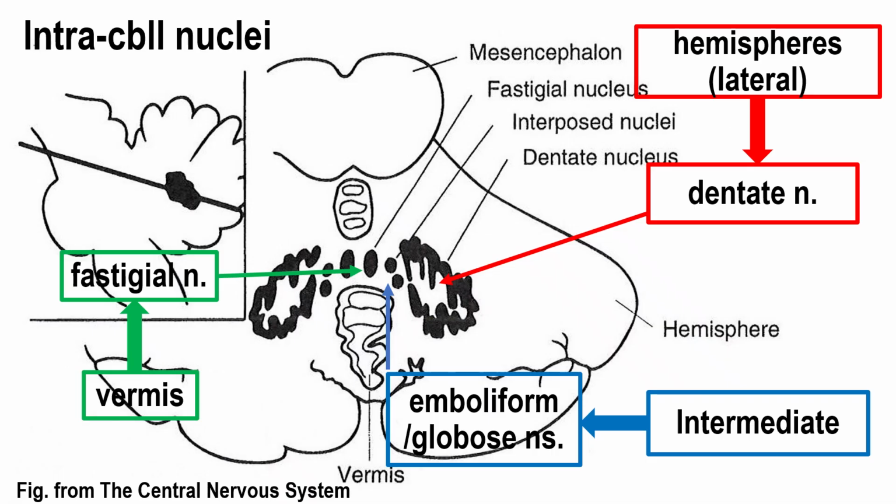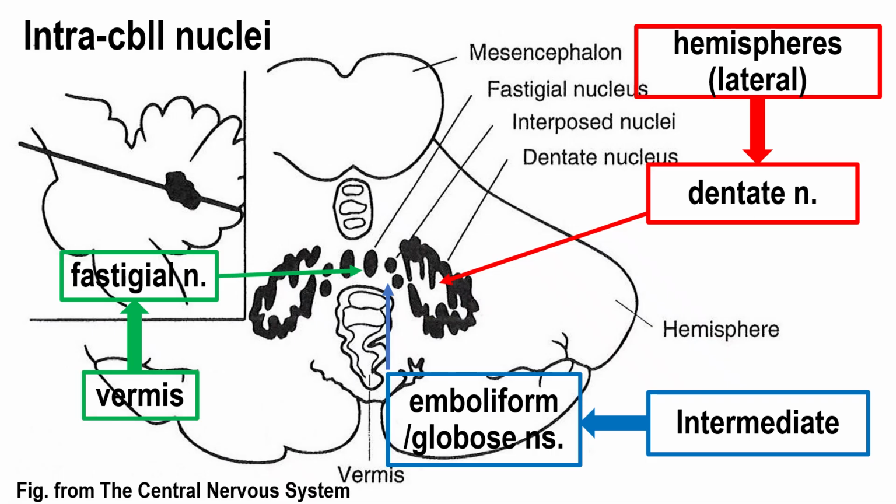The intracerebellar nuclei are divided from lateral to medial into the dentate nucleus, emboliform nucleus, globose nucleus, and fastigial nucleus.